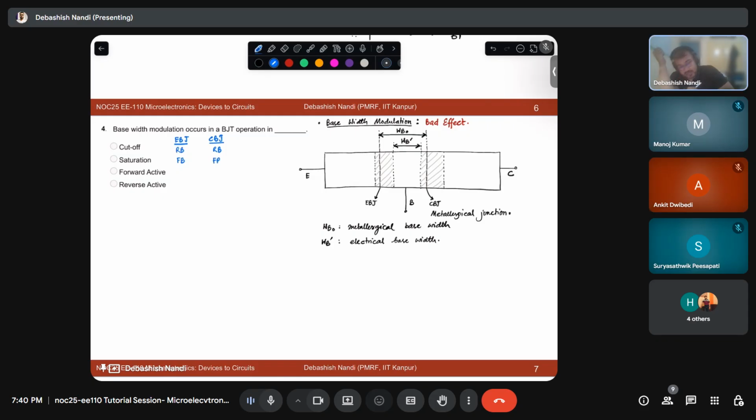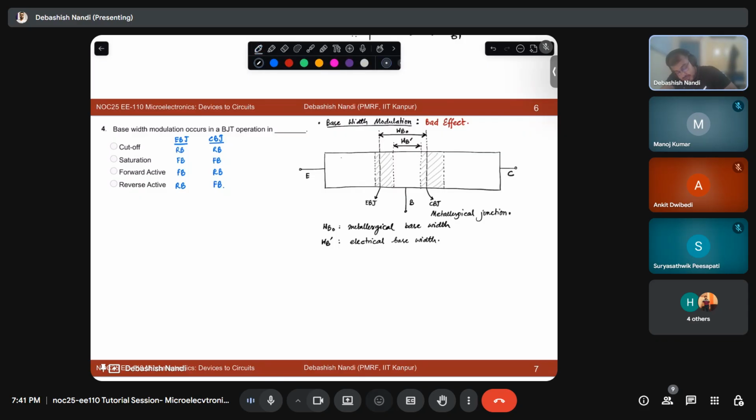And forward active: EBJ forward bias, CBJ reverse bias. And this is obviously the remaining case. We'll discuss the reverse active mode a little later.